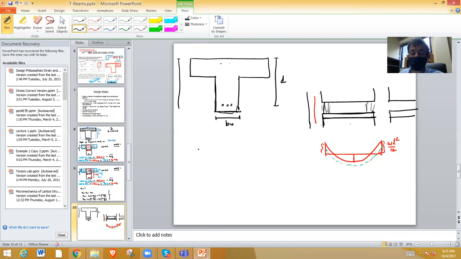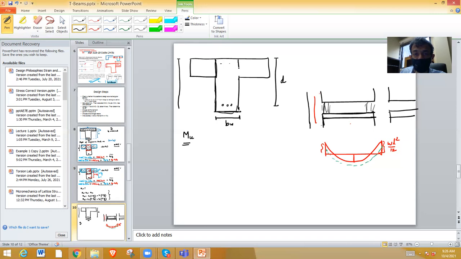Again, the design procedure is somewhat similar to the doubly reinforced beam. I have design moment Mu. Now what I do is, how much is the nominal moment capacity I can get from my flanges.